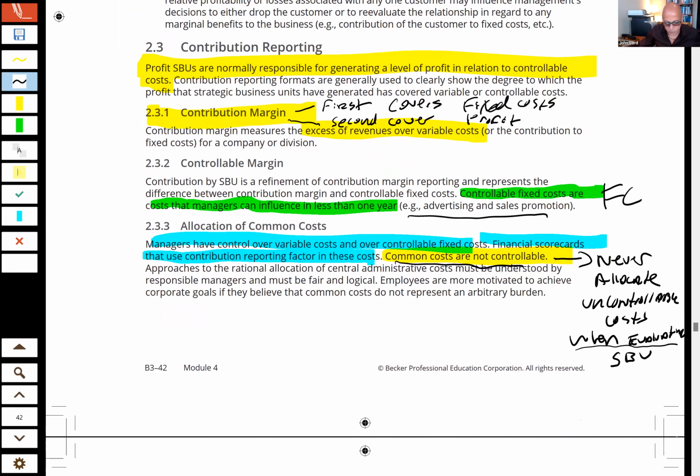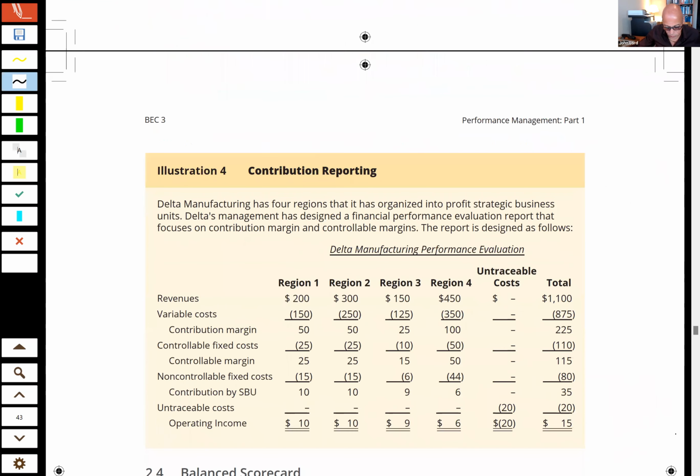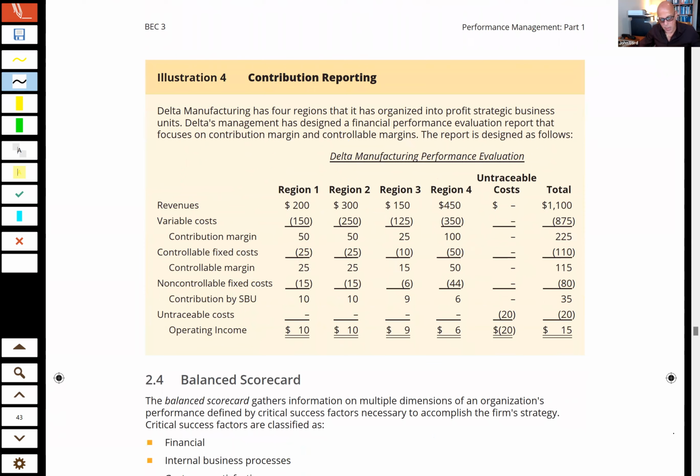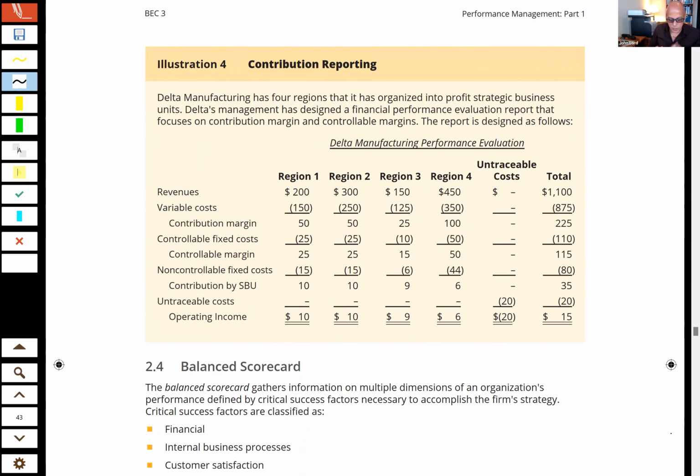So we come over and we have these different regions. Of course, the variable cost would be traceable. We have the contribution margin. Then we go ahead and allocate the controllable cost accordingly, and look at region 4. Region 4 is sort of the takeaway here. It has a controllable margin of 50. That's going to contribute now to all of these non-controllable fixed costs.